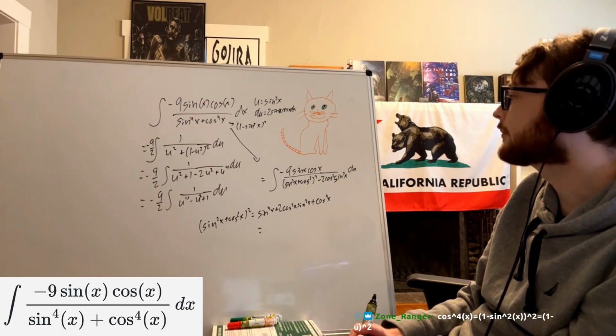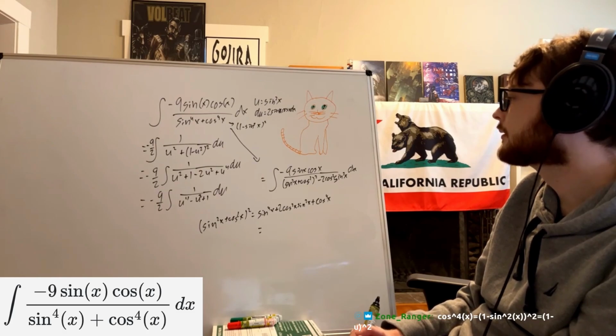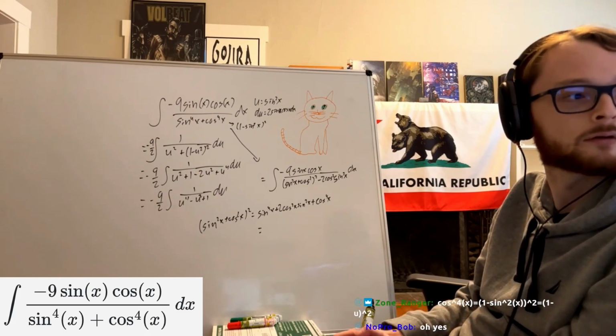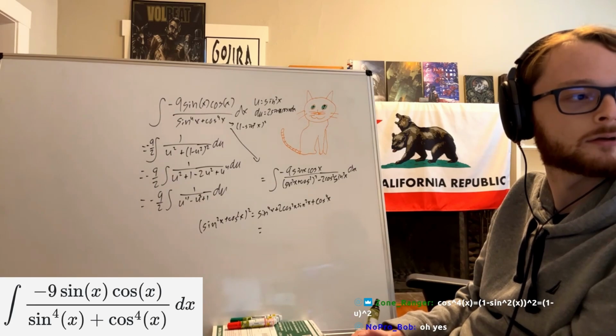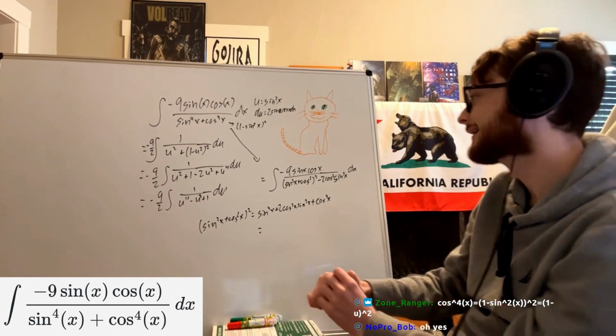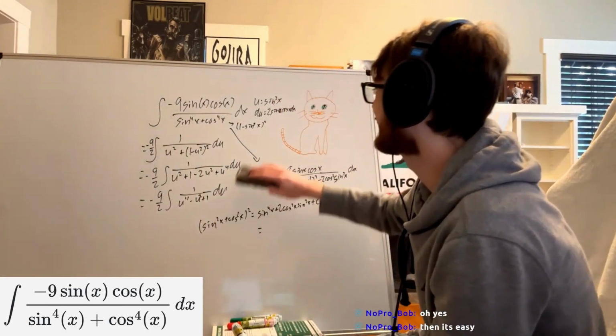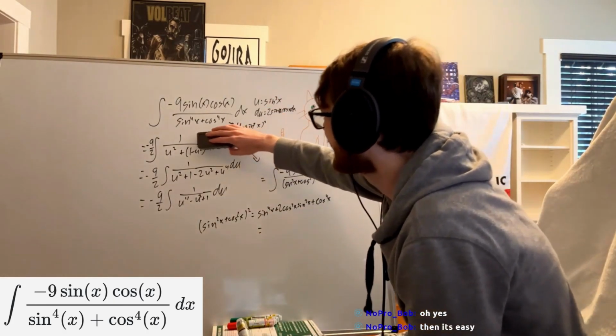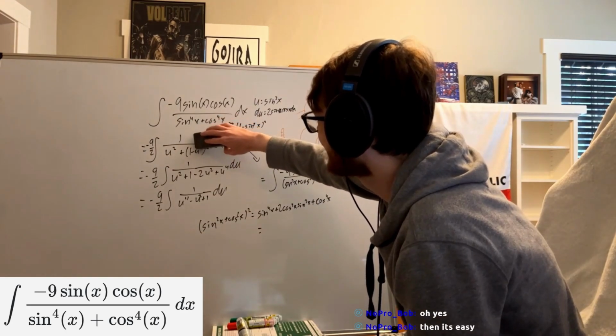I don't see what I did wrong, but oh, good catch. Thank you. So yeah, sine squared is already u, so I didn't need the second squared here. Thank you.